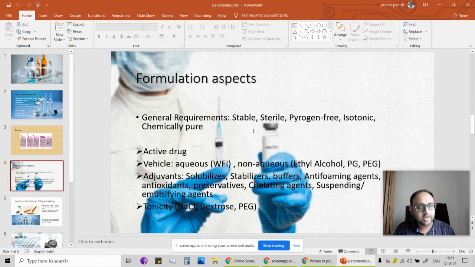First is solubilizers. What are solubilizers? They help to solubilize the active drug into the vehicle. If there are particles, it will irritate the site of injection or site of entry. Why? Because your veins internally are so sensitive that if any particle comes inside, it causes a bolus around it. Your cells come and form a mass around that to capture or digest that particle.